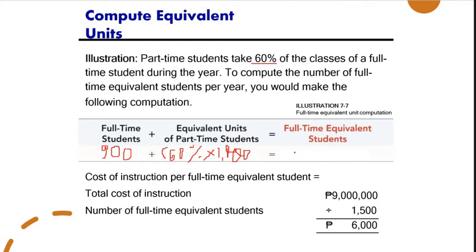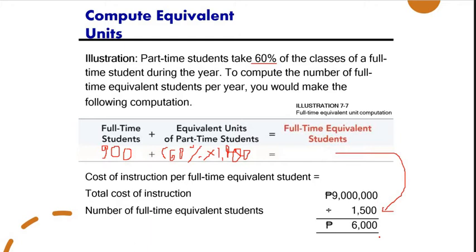So, how many full-time now? This is it: 1,500. It's hard to draw. So 1,500. The 9 million total cost of instruction divided by 1,500 is equivalent to 6,000.